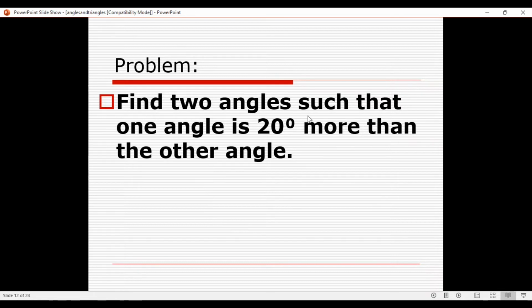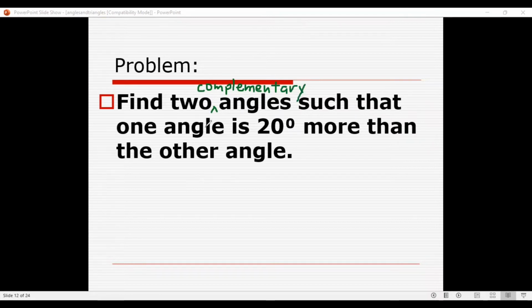Find two angles such that one angle is 20 more than the other angle. There must be a missing word here: find two complementary angles. Okay, so we have: find two complementary angles such that one angle is 20 more than the other angle.